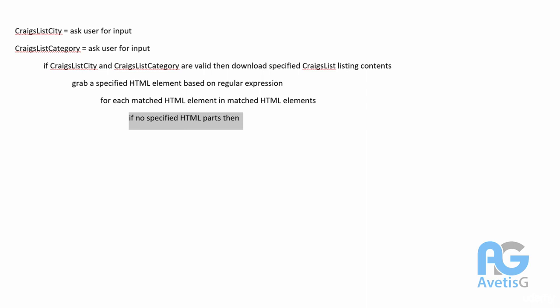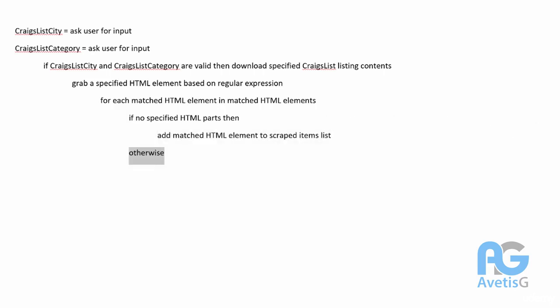But if we want to grab the listing and then from the listing we want to grab things such as description or links or the image URL and stuff like that, then we will need to specify more granularity, more specificity. In this case, it says if there's nothing specified, then add matched HTML element to scraped item list, meaning that if there are no parts that we need to scrape from this element that has been matched here, then just use this element to add it to the matched list.